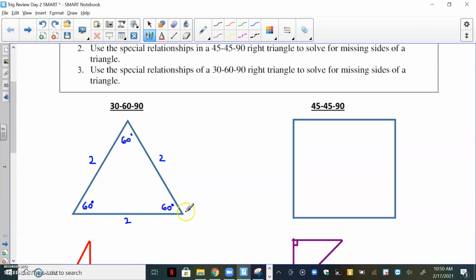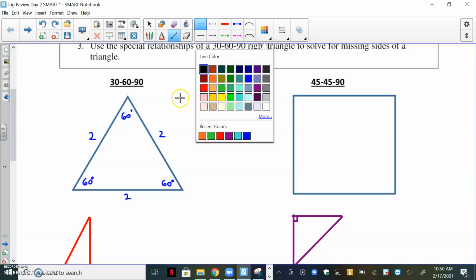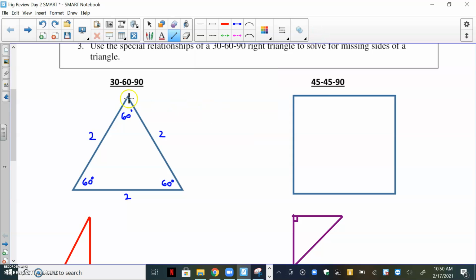All right, so now that we have our triangle to work with, we're going to go ahead and chop it in half. We're just going to take this whole triangle and cut it right in half down the middle. By doing this, we've created two right triangles, one on the left and one on the right.